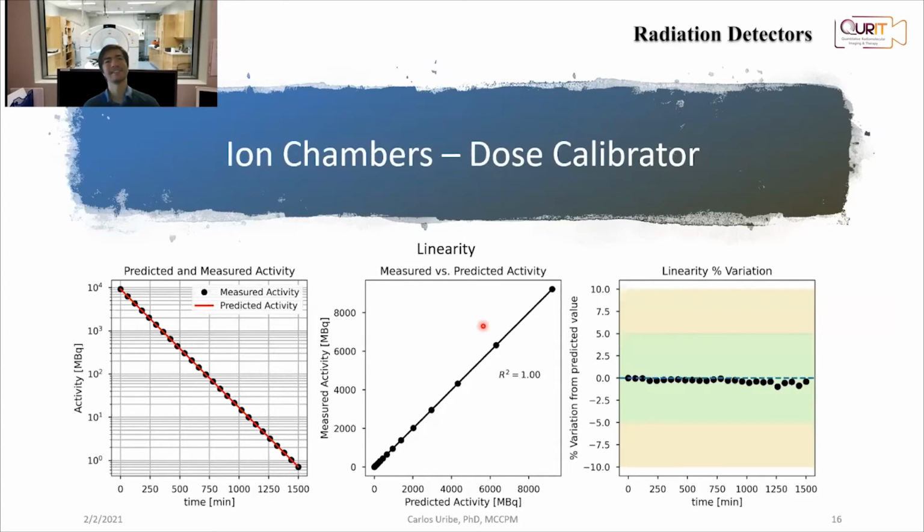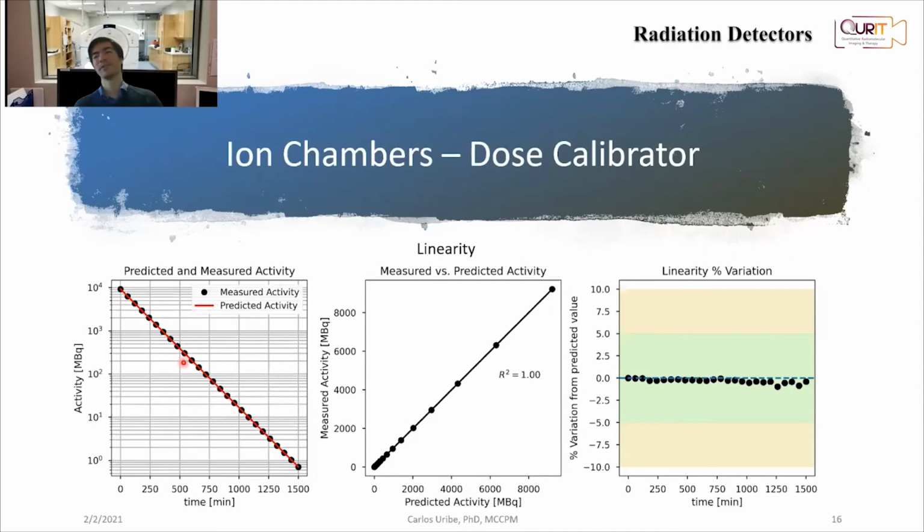And then linearity is what I was saying: because of this conversion throughout a big range of activities, we need to ensure that that's the case. One of the ways we do this is we take a sample of a high activity, and we take measurements of this sample at different times throughout its decay. In principle, that decay should follow the decay that you expect.